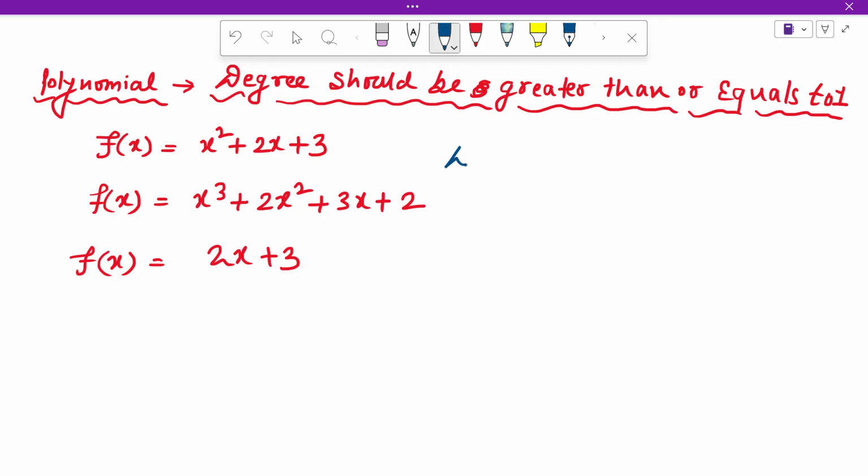So here I am writing degree of the polynomial, right? So what is the meaning of degree of the polynomial?